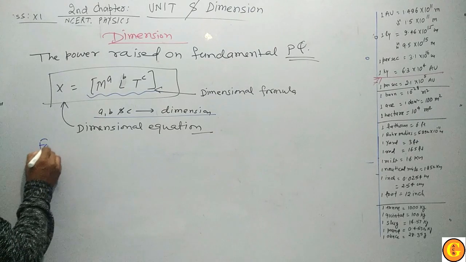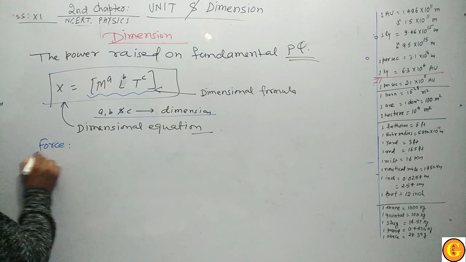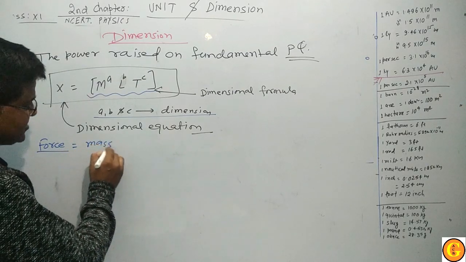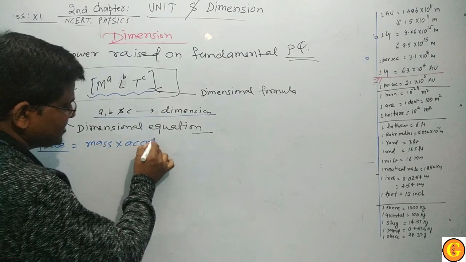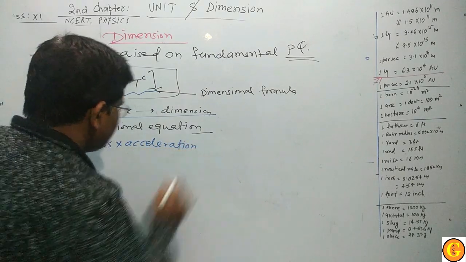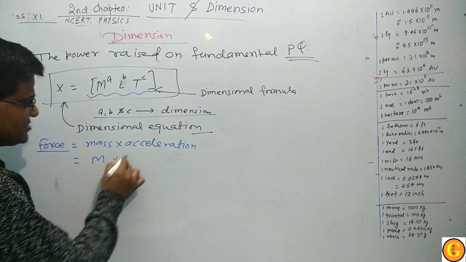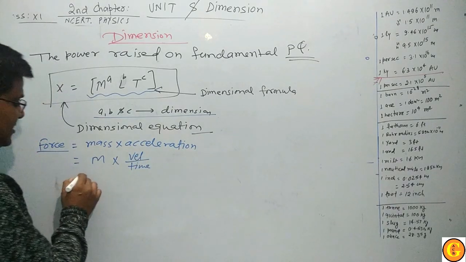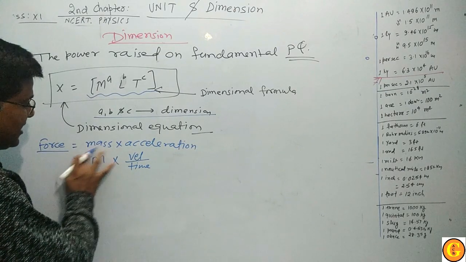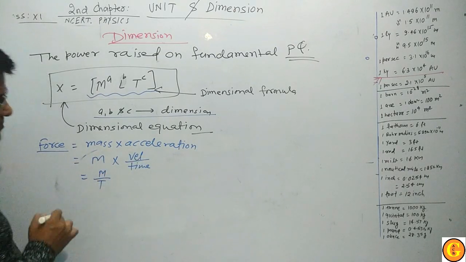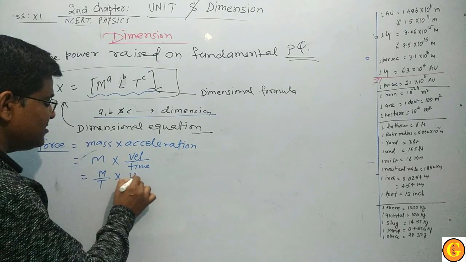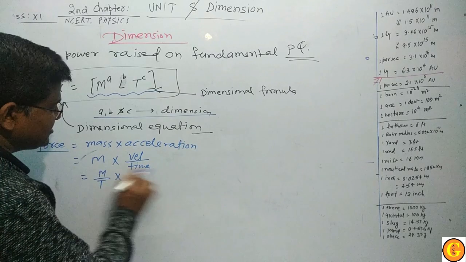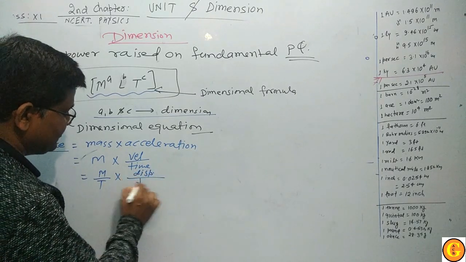Just like force. Force is equal to mass into acceleration. Mass is m, and acceleration is velocity by time. Mass is fundamental and time is fundamental, that's why it is m by t. But velocity is derived, and it converts into length or displacement by time.